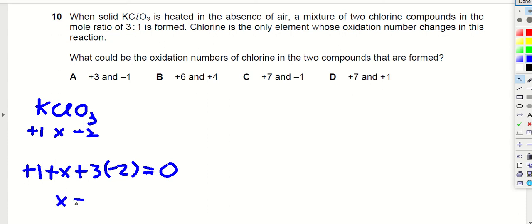So X is +5. Okay, I found the oxidation number of Cl in KClO3. Erase this and put +5.